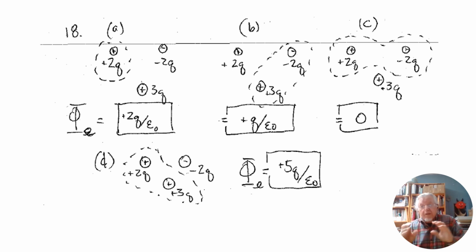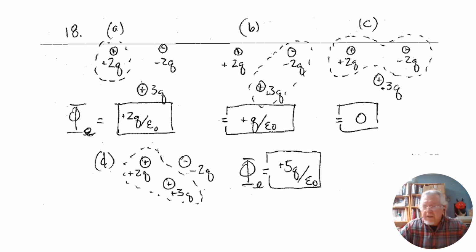To get plus 1, you have the plus 3 and the minus 2. To get 0, you have some sort of dog-bone shape, something weird, and you get plus 2 and minus 2. And to get plus 5, we have the plus 2 and the plus 3.